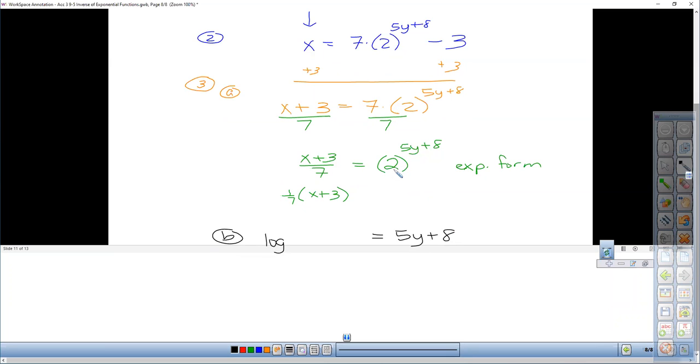The base of the log is the same as the base of the power, which is 2. And then after that is my argument, which is the part that I haven't used yet, which is my x plus 3 divided by 7, or my 1/7 times x plus 3. And so I can write it like this, or if you prefer, you can also use that.